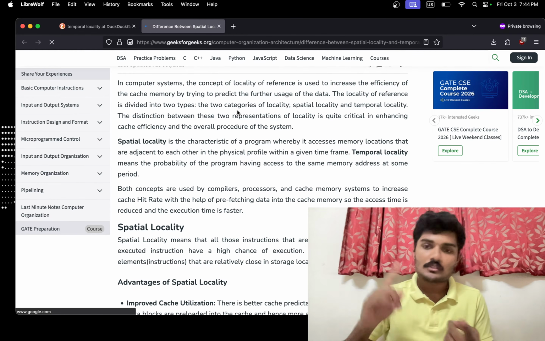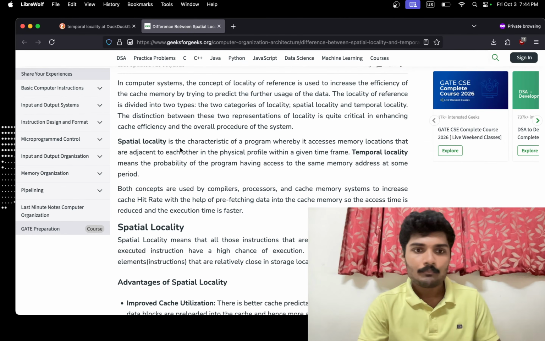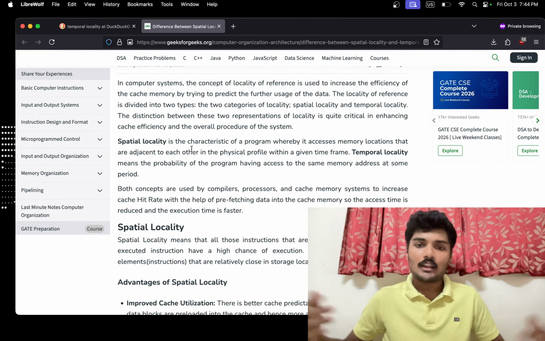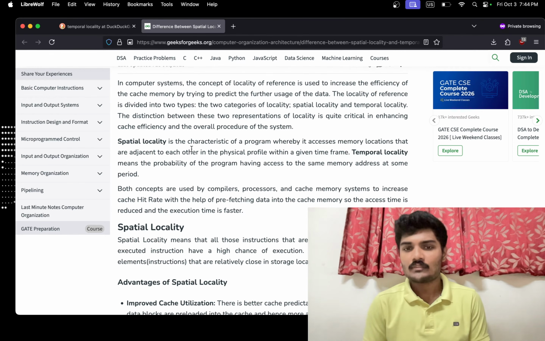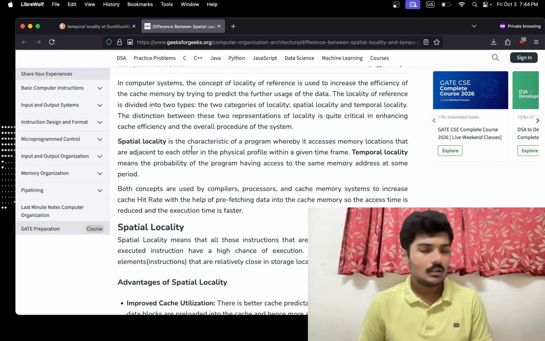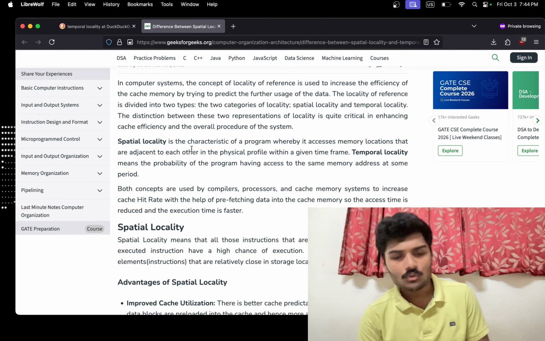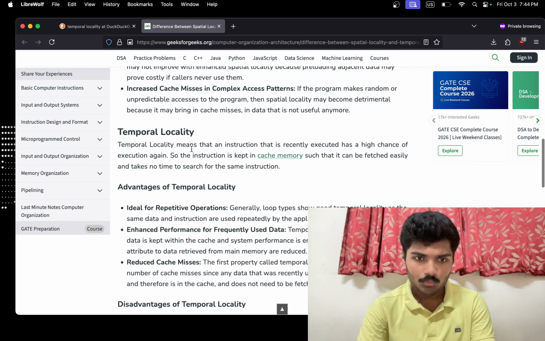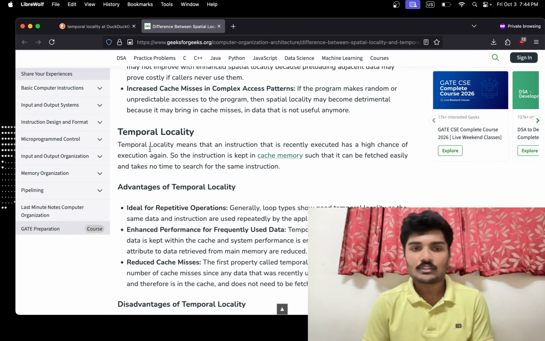Spatial locality is the characteristic of a program whereby it accesses memory locations that are adjacent to each other within a given time frame. Temporal locality means the probability of the program accessing the same memory address at some later period. Temporal locality means that an instruction that was recently executed has a high chance of being executed again.